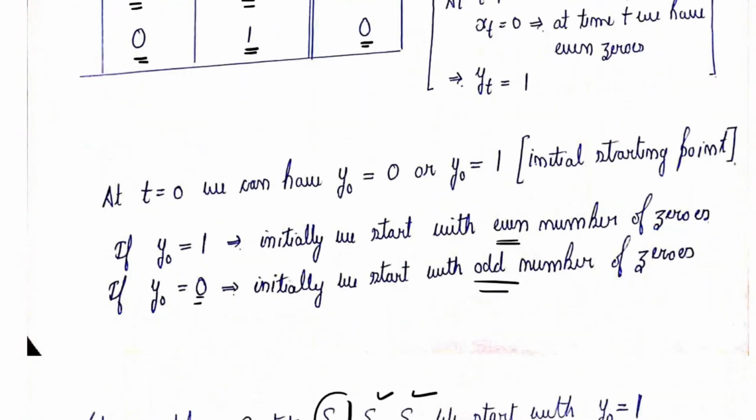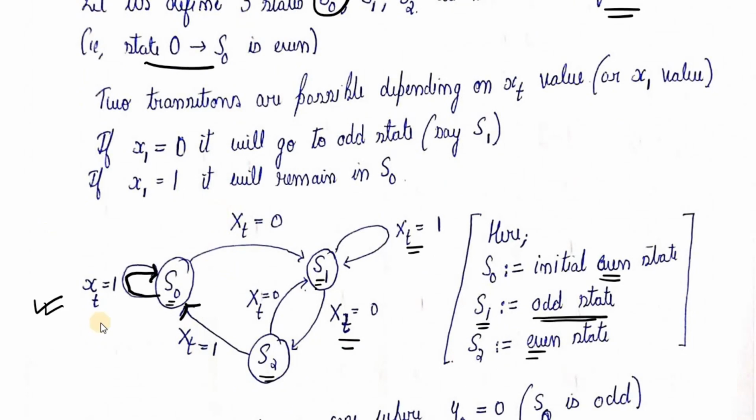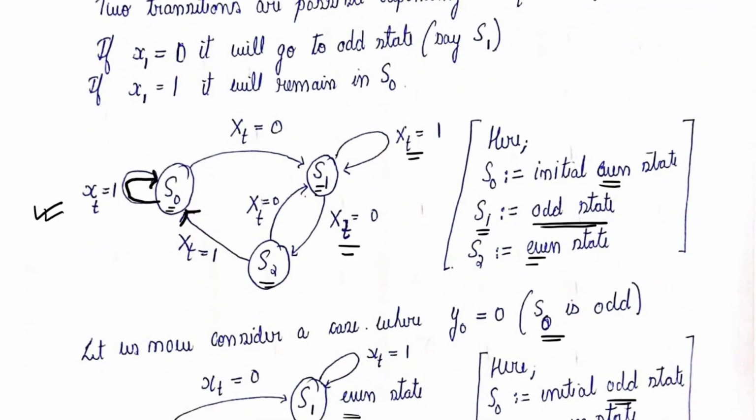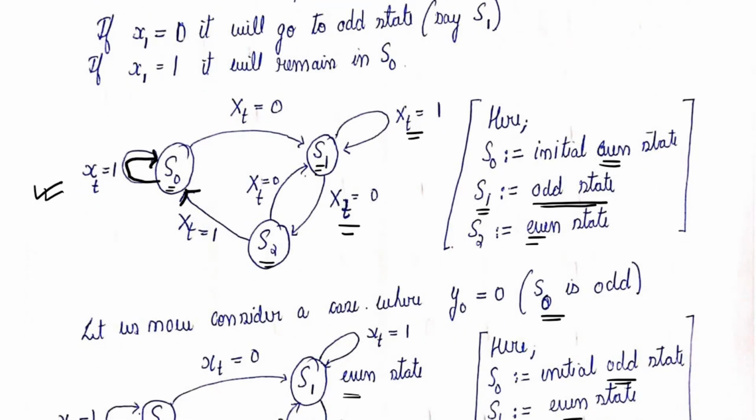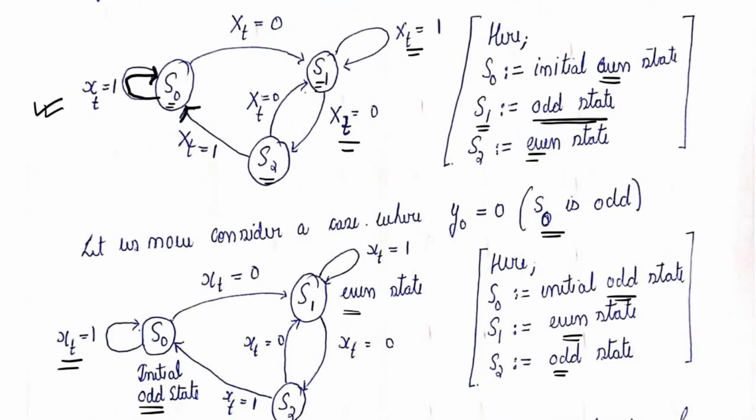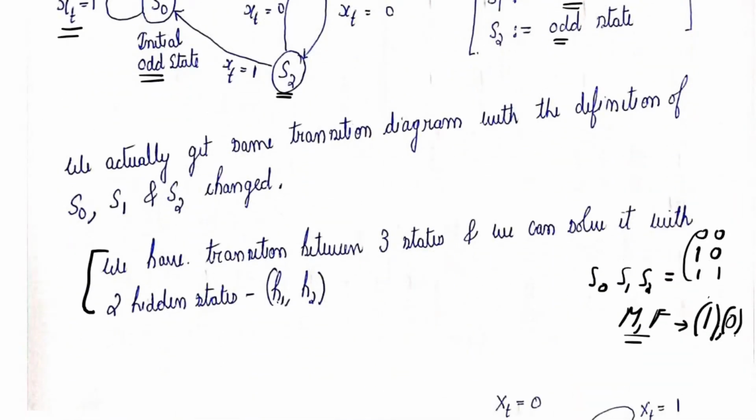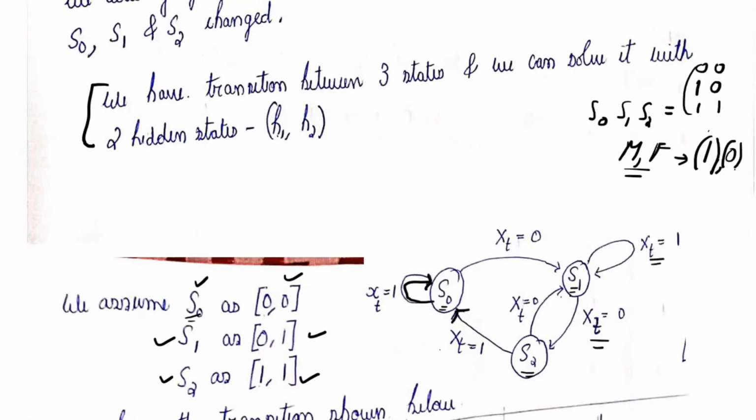Now we model that clearly using the three states possible, like what the assumption related to the first state, and the S1 and S2 being odd and even state respectively. So S0 could be either an odd state or an even state. We just proceeded with S0 being an odd state as of now because the transition diagram remains the same. The definition of state doesn't really matter because they are usually assigned to values like this, which we have done over here.